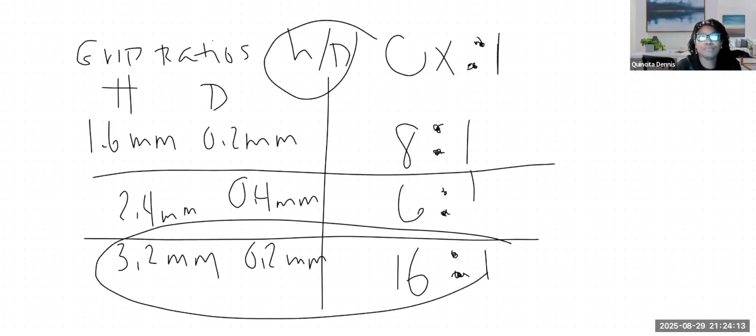But the disadvantage of choosing a higher grid ratio is we would need to increase our technique a lot more with this one. The reason we're increasing the technique is because the grids are going to block anything off focus.